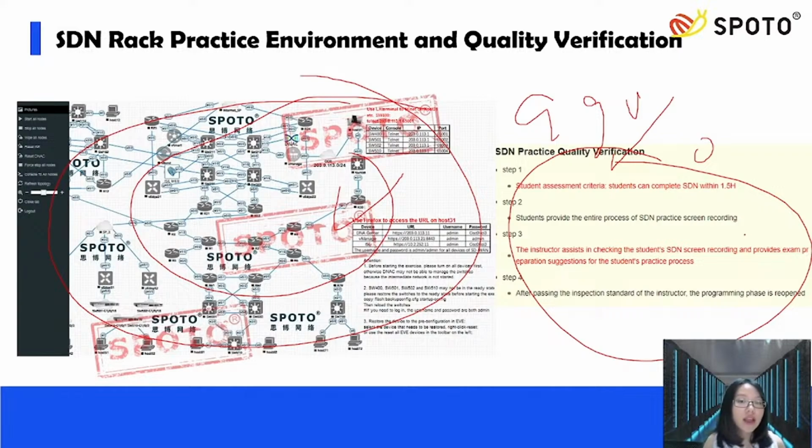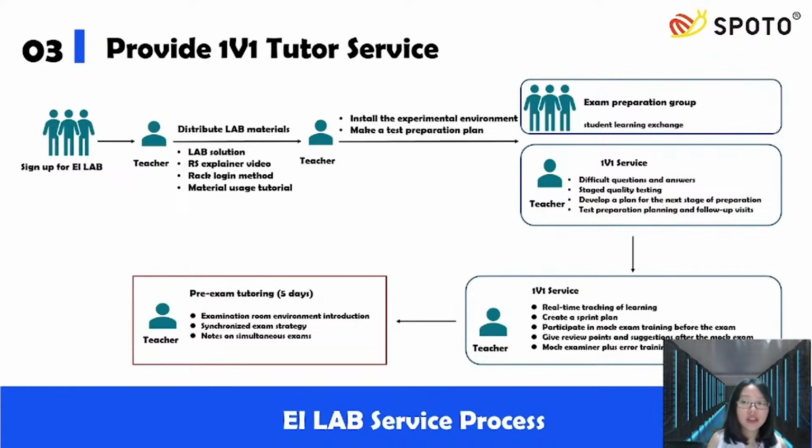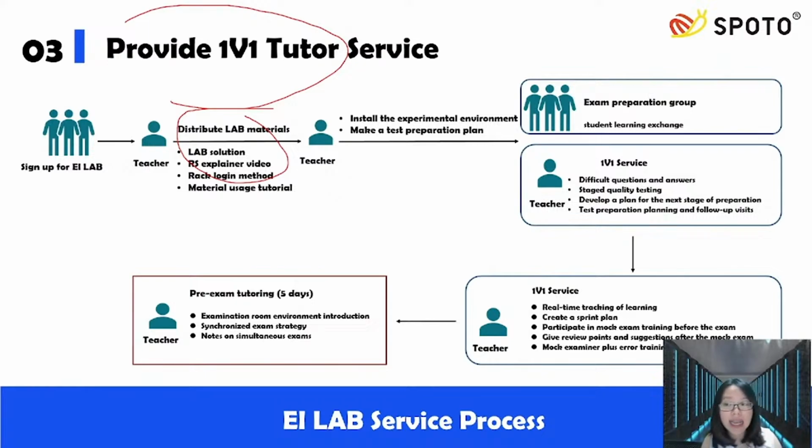So here I would like to briefly introduce our service package and what you can get if you choose Spoto to learn CCIE EI lab training course. First of all, we provide 1-to-1 service at a VIP level, distribute lab solution, all study material that are the same as the exam content, and the rig exercise.